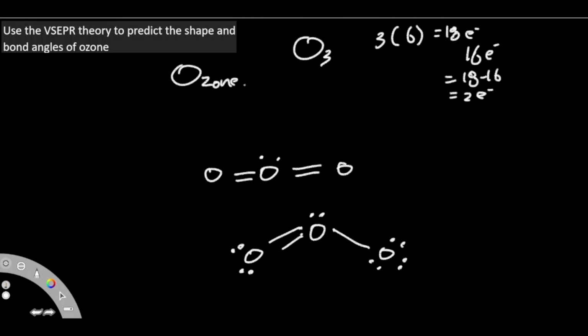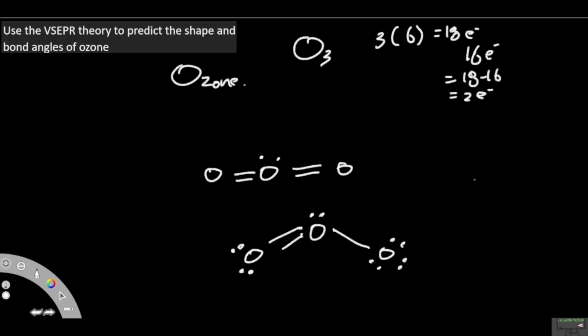So this here is our ozone. And honestly, we could do our formal charges, but for the sake of time, you don't really need it. Just know what kind of shape we have right now, and it's quite obvious which one's going to be the central atom. We worked so hard to figure that out over here. So this is obviously going to be our central atom.